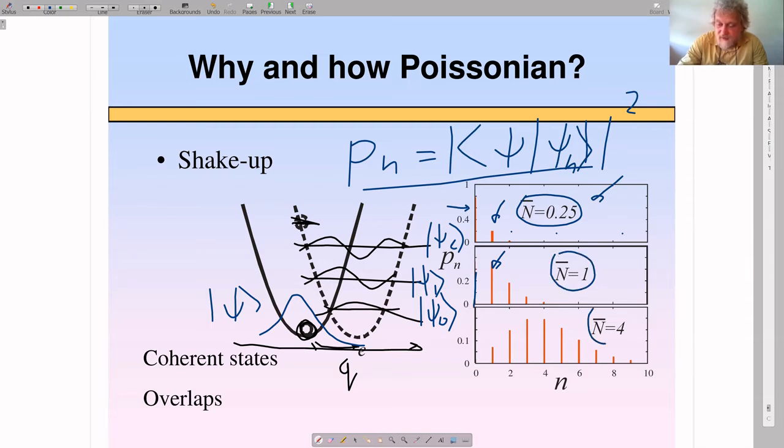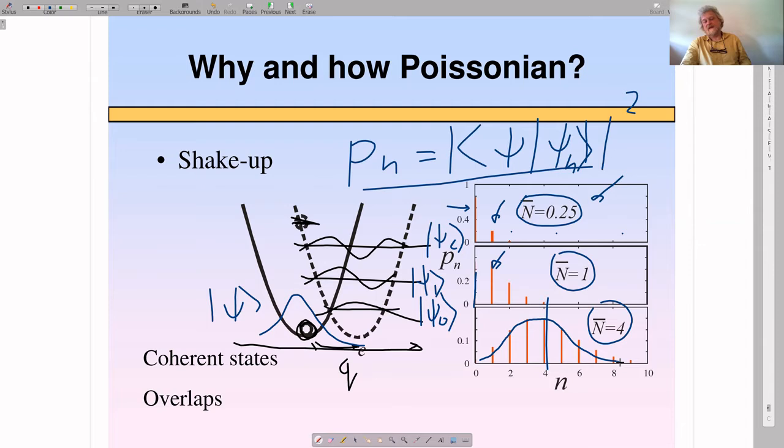Let me look at n equal to 4. Here it is the average. And the distribution is already reasonably close to a Gaussian function centered at 4. Right?